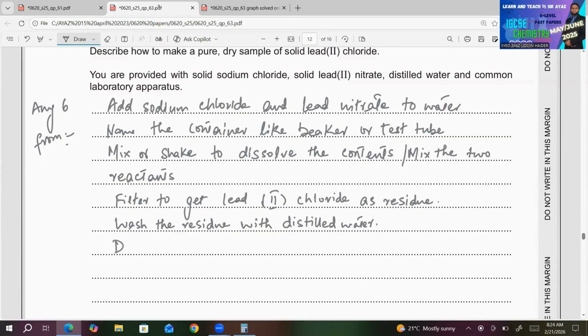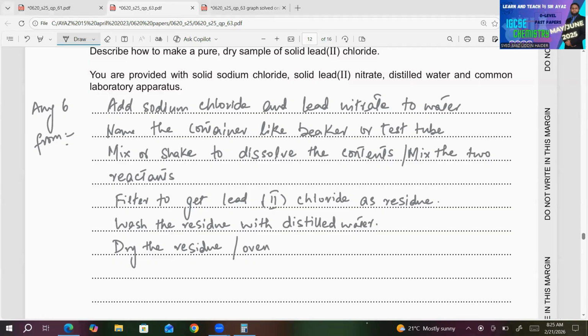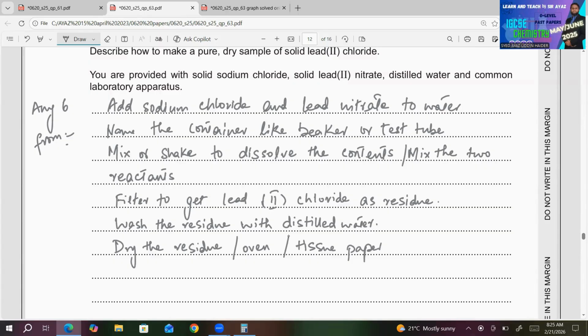Then you can dry the residue. Description of drying. So you can write in oven or use tissue paper. So you have point 1, 2, 3, 4, 5, 6, 7. So you can write any 6 from these.